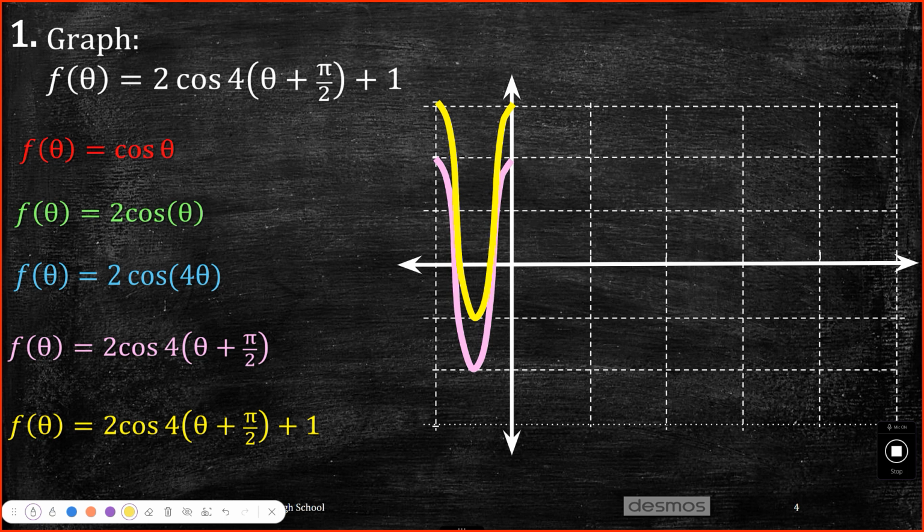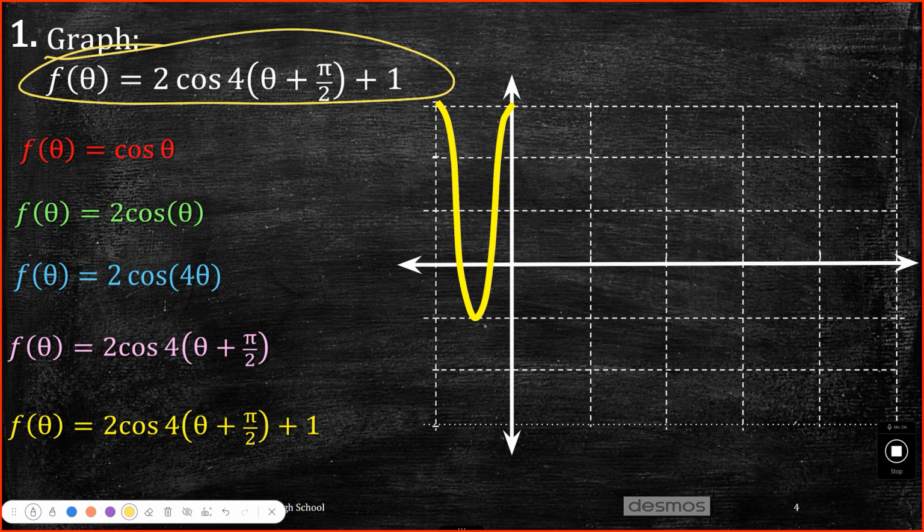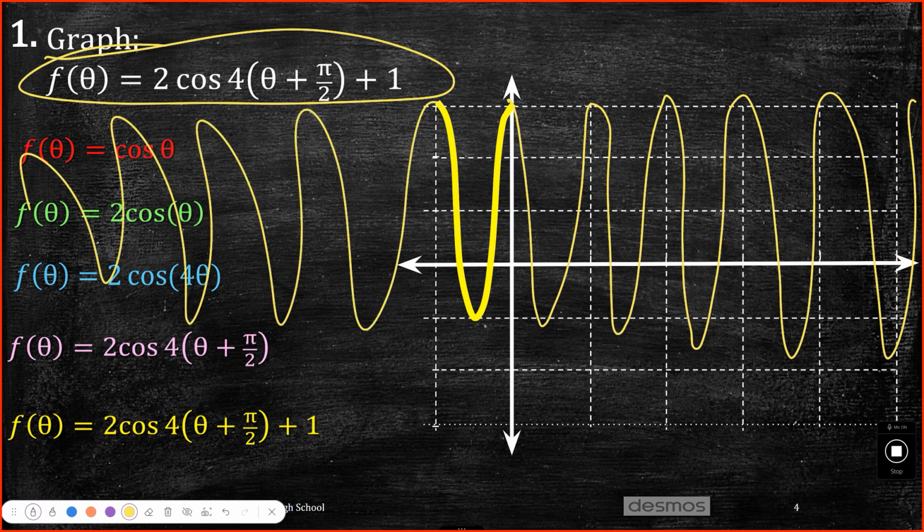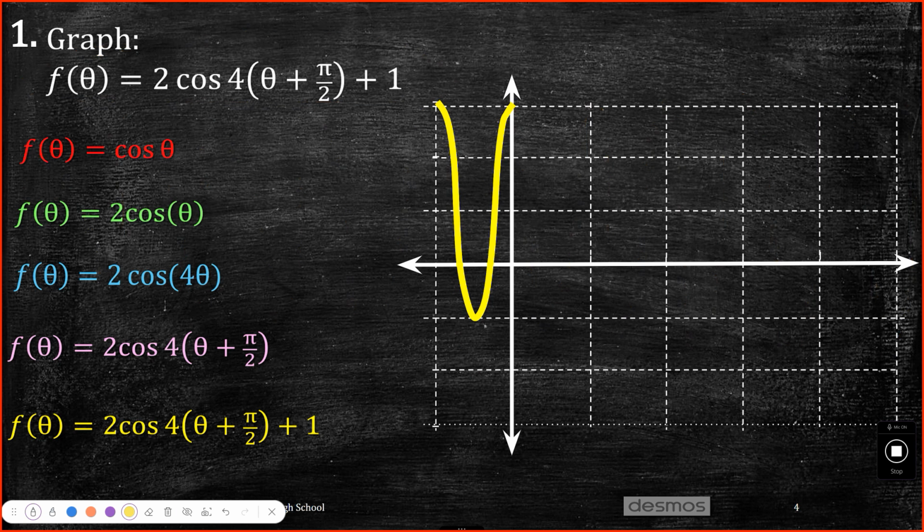And if you really wanted to, you could just keep on drawing, because in reality, this graph, if you put it in decimals, would give you this forever and forever. All right, one more.